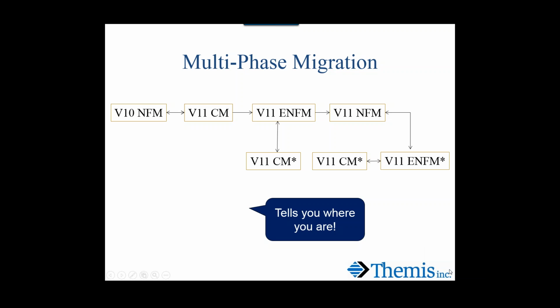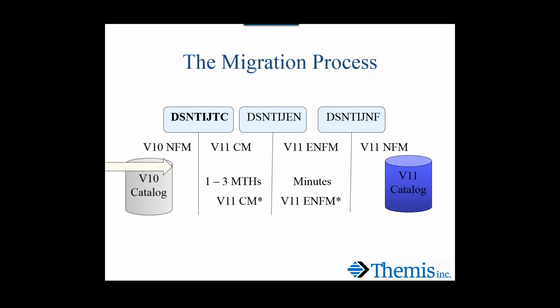The rule of thumb here is that when you migrate to conversion mode, any new columns or new tables that are going to be added to the catalog are going to happen in the catmaint process, which is the job DSNTIJTC. That's the sample job the system programmer runs to migrate you to conversion mode.